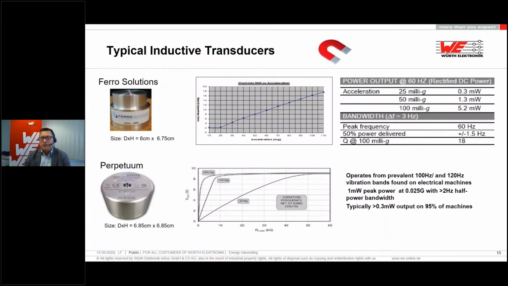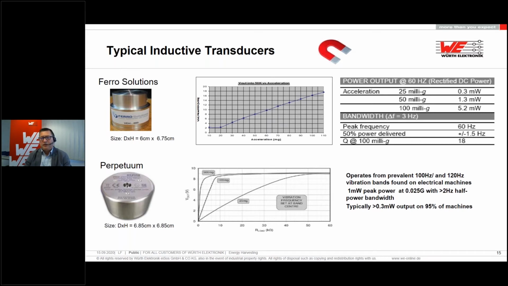Companies like Ferro Solution and Perpetuum from the UK developed this kind of harvester for train wheels. In the UK, they are running several special high-speed trains with this wheel monitoring, monitoring the vibration of the train, and as soon as the wheel of the train has a problem or crack or something, it changes the fingerprint of the vibration and automatically starts to send a beacon to the gateway that something is wrong.